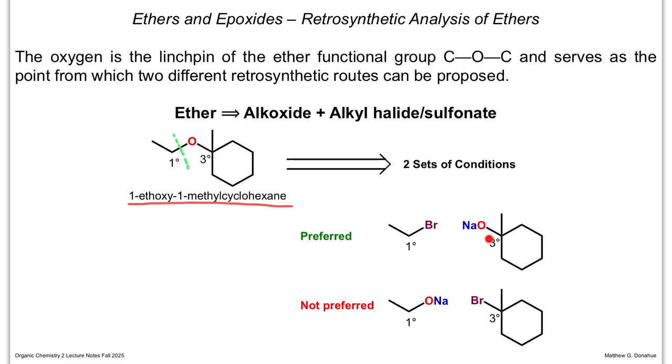That's the alkoxide. And that's good for SN2 because that's the less substituted electrophile. The alternative way shown in red, the reason that's not preferred, because now the leaving group is on a tertiary carbon. And so for SN2, that's not favorable.